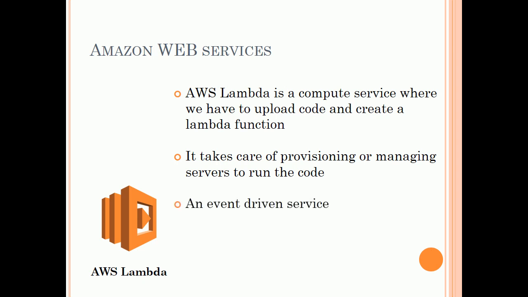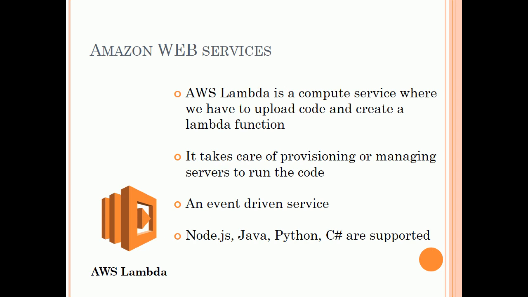It is an event-driven service. AWS Lambda allows us to run code in response to events, such as changes to data in an Amazon S3 bucket, etc. Right now, Node.js, Java, Python, and C Sharp are supported in AWS Lambda.